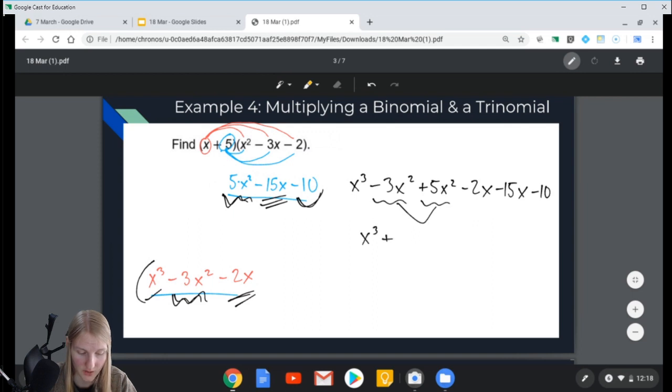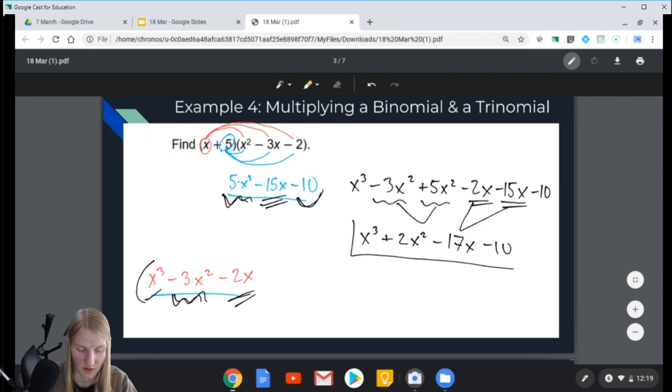That is positive 2x squared. Next, we'll put the x's together. Negative 2 minus 15. That is negative 17x. And then the minus 10 comes along for the ride.